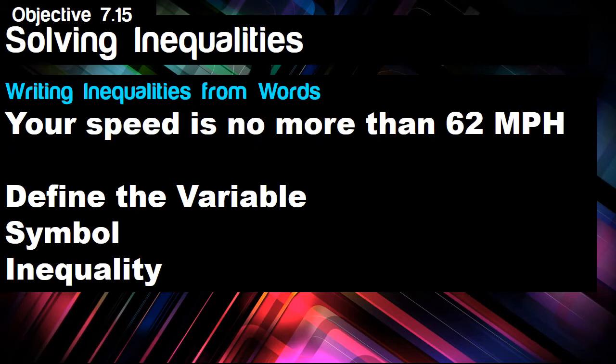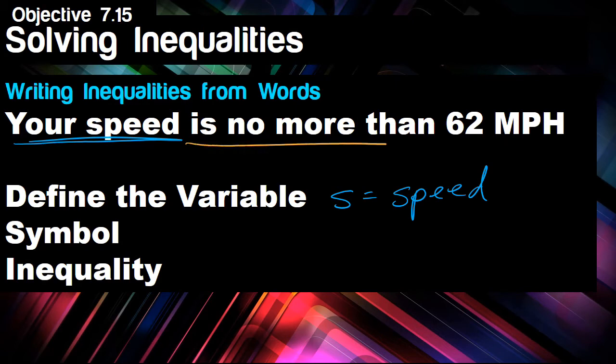So we have this one, your speed is no more than 62 miles per hour. And so in breaking this down, we have your speed. So that's going to be our variable. Let's label that as S for speed. The symbol is going to be this phrase right here, is no more than.